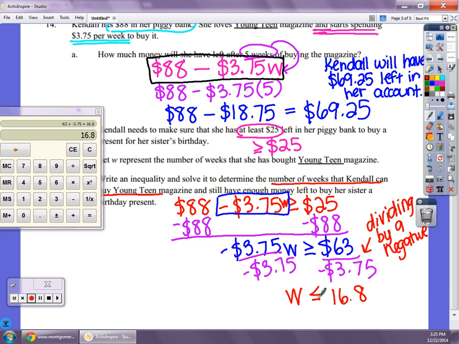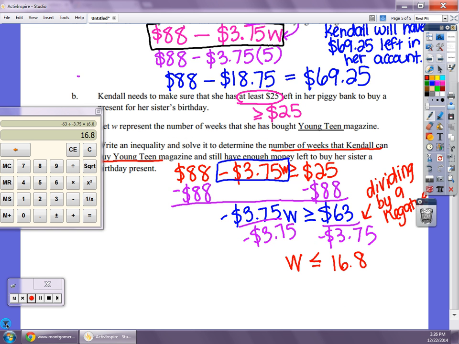We have to limit the number of weeks that she's buying her magazine. So it really does make sense that we switch up here. We're left with the amount of weeks that she can spend money on her magazine is less than or equal to 16.8. Let's put that into a sentence and answer it in words.